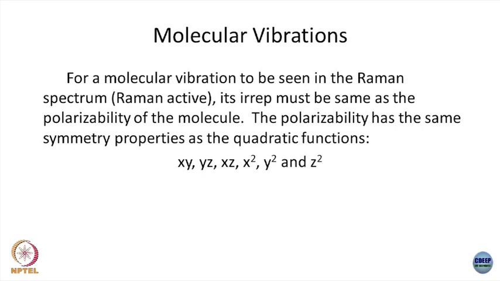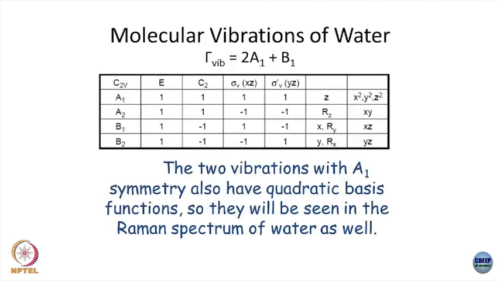So, for a molecular vibration to be seen in the Raman spectrum, the vibrational irrep must be the same as that of the polarizability of the molecule. The polarizability has the same symmetry properties as a binary basis or quadratic functions. You can look here that the two vibrations with A1 symmetry also have these quadratic bases, so they should be in the Raman spectrum as well, and they do see in the Raman spectrum those specific frequencies which they see in the infrared spectrum.